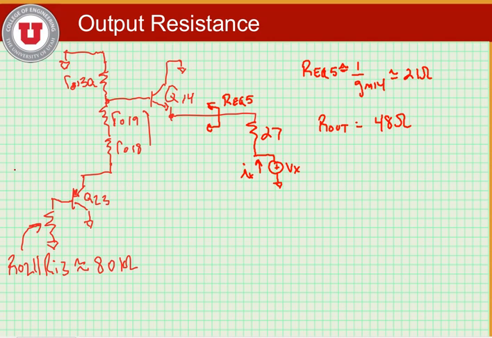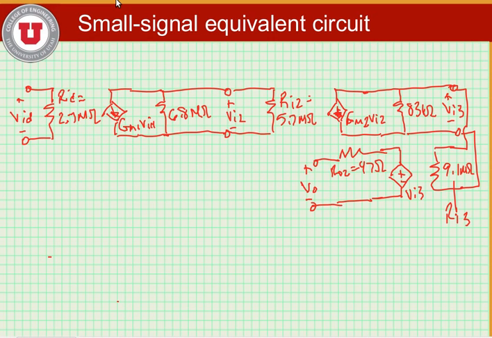So we can make a small signal equivalent circuit similar to what we did for the two-stage operational amplifier that is as follows. Now we know the values for all of these components, and we know that the voltage gain for this circuit is Av equal to 109.8 dB.